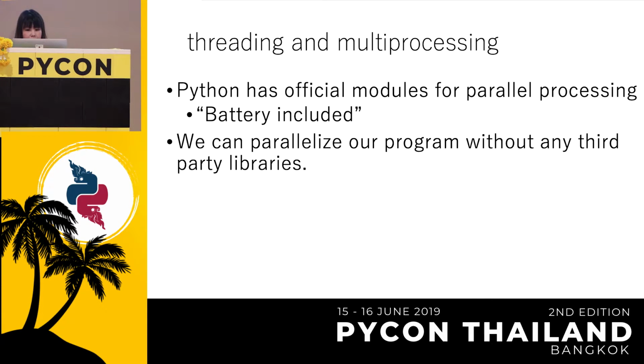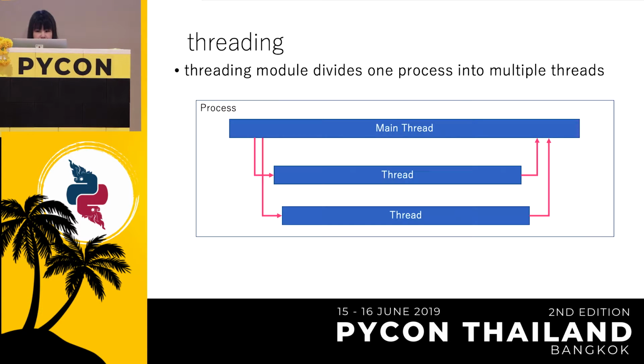First of all, I introduce threading and multiprocessing. They are Python's official modules for parallel processing. Python is often said to be batteries included, as very many people know. It means that Python itself can use various functions without third-party libraries.